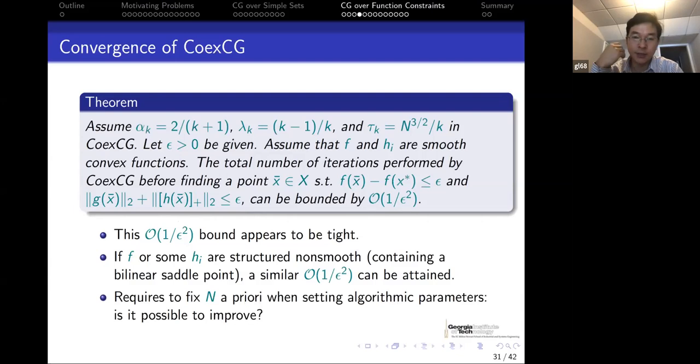So we show that this algorithm will converge, and we bound the total number of iterations required for convergence. And also we mentioned that this 1/epsilon^2 appears to be tight.